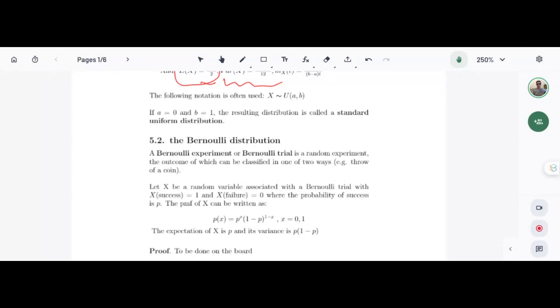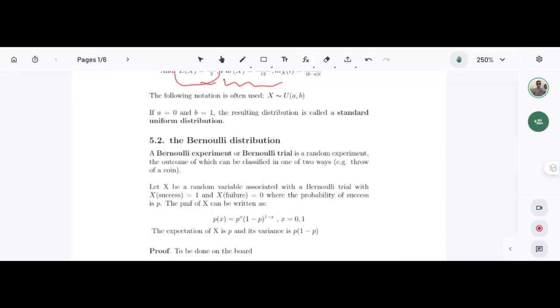Now let's move to Bernoulli distribution. This is related to the Bernoulli experiment, which is random, obviously, and it has binary outcomes. In Bernoulli trials, Bernoulli experiments, we call one of the outcomes success and the other one failure.